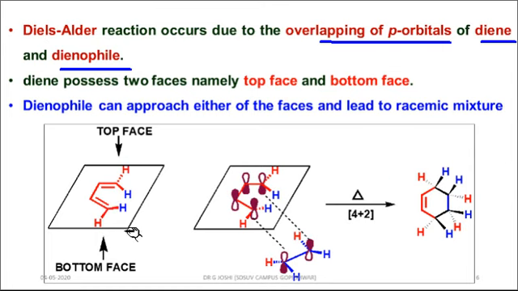When it approaches from the bottom face, it will give another isomer. Since we have equal chances for a normal Diels-Alder reaction for the dienophile to approach from the top face and bottom face, this reaction results in the formation of a racemic mixture.